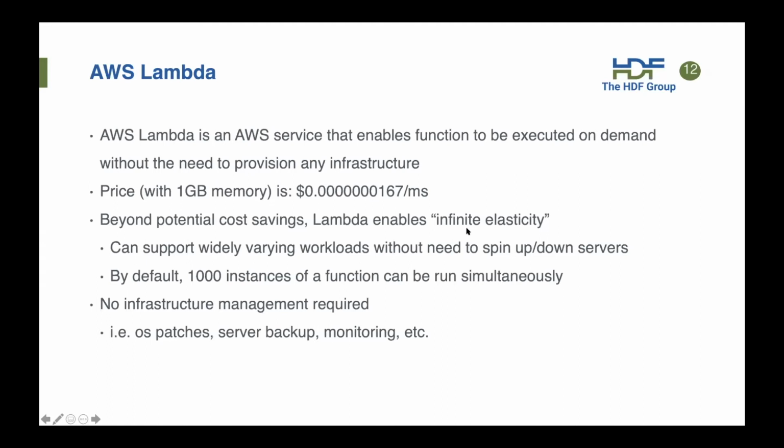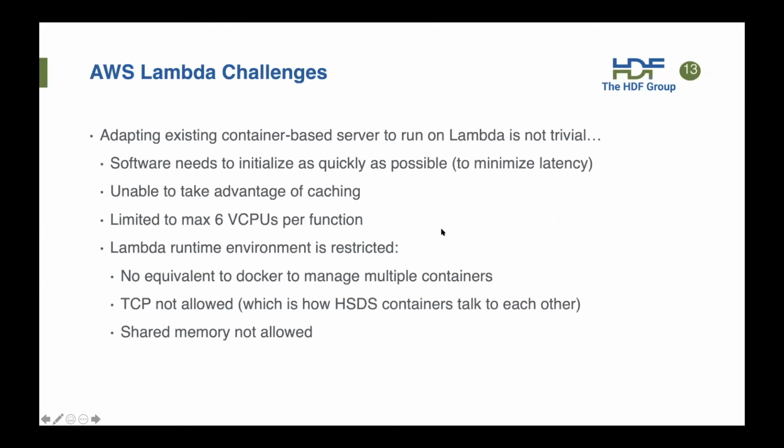So that sounds great. Some challenges though. Given our large set of software we have now with HSDS, we can't just throw it on Lambda and have it run. In Lambda, you need to initialize the system as quickly as possible because it has to be initialized from a cold start every time a request comes in. There's no caching because there's no context continuity between different invocations of a Lambda function. You're limited to 6 CPUs per function, and the runtime environment is restricted.